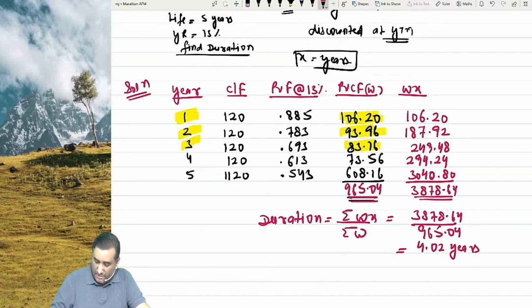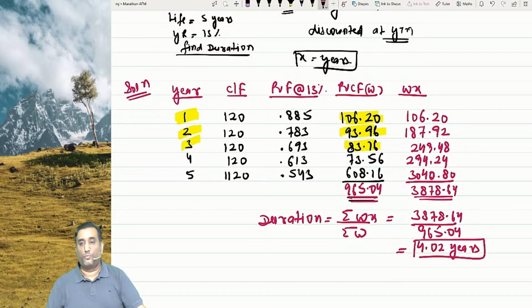That means approximately your money would be recovered in 4.02 years.